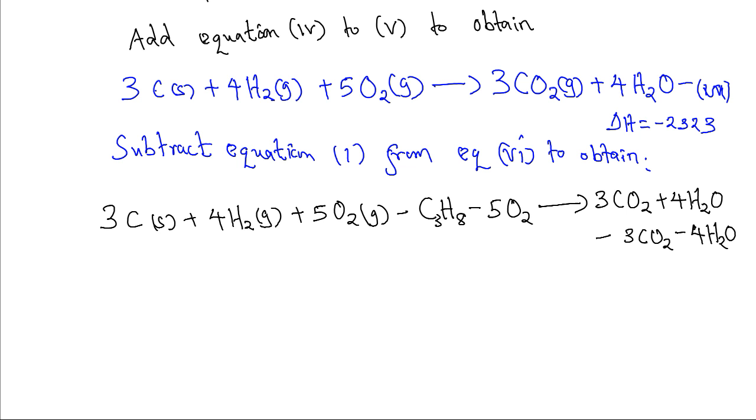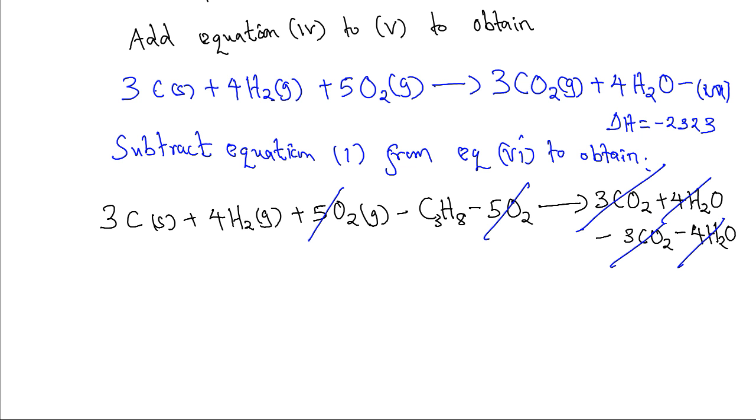That is equation 1 from 6, not the reverse. So some will cancel out. 5 oxygen minus 5 oxygen. This is carbon, carbon, carbon, carbon.